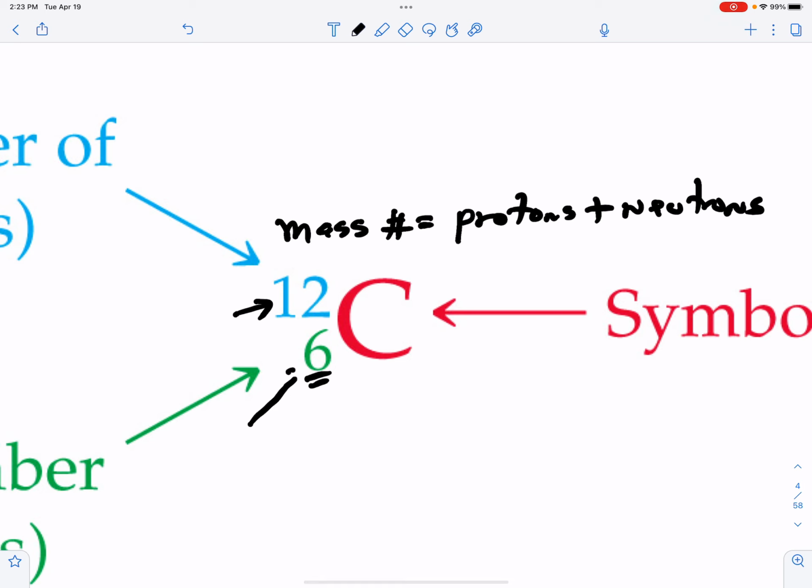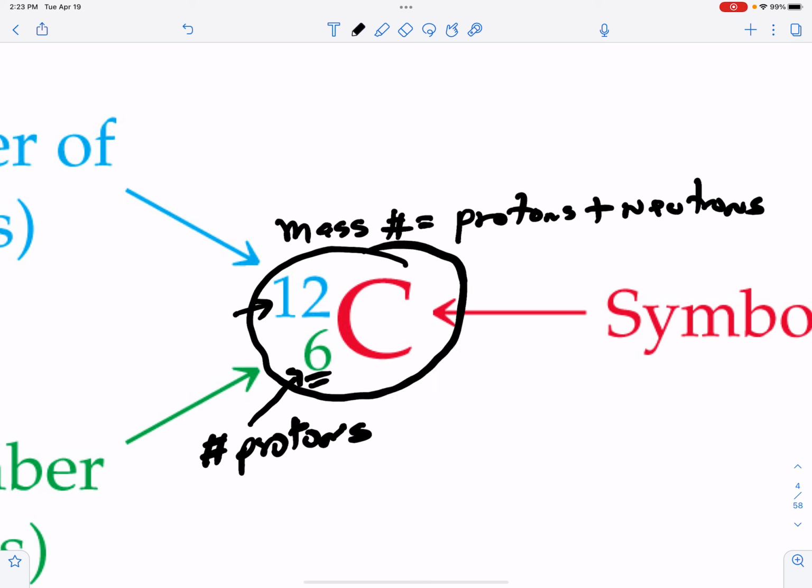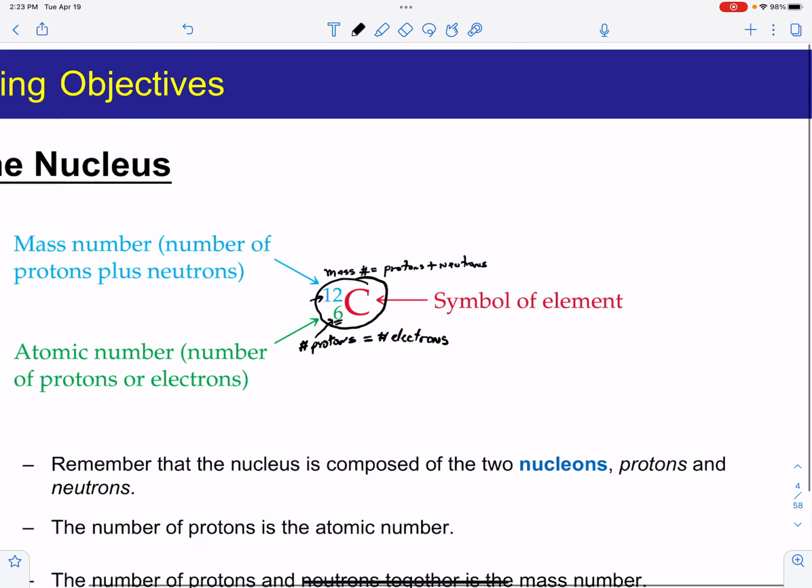And the atomic number is nothing more than the number of protons. And given that this particular symbol is neutral, is not a cation, is not an anion, then the number of protons has to be also the same as the number of electrons. So all that you learned in 1411.